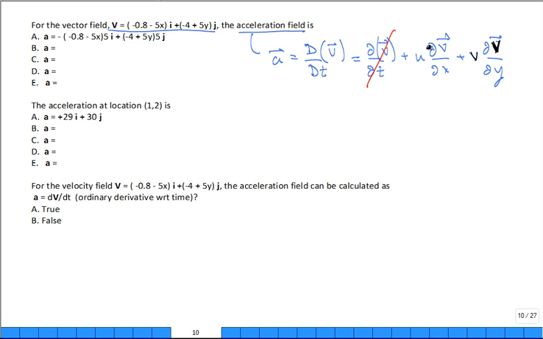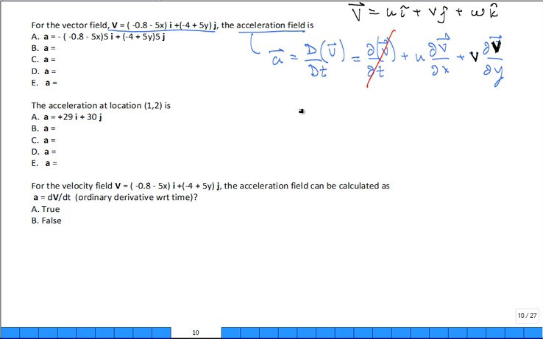The velocity vector V is u i plus lowercase v j plus lowercase w k. True? u, v, w. So that lowercase v is the y component of the velocity vector, and this is a vector.